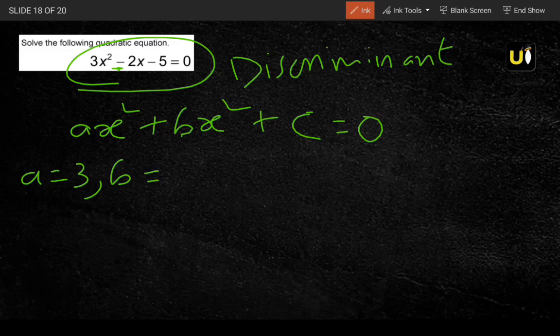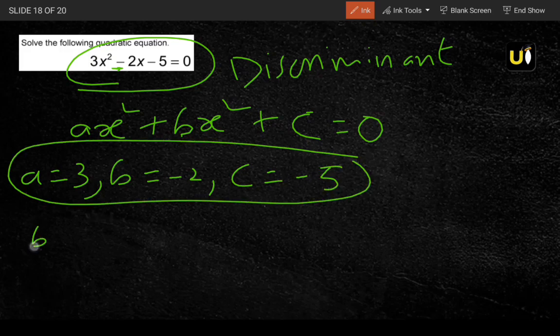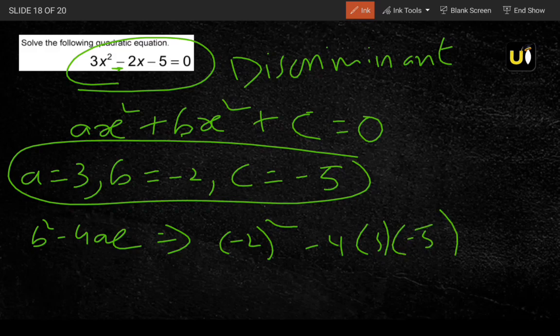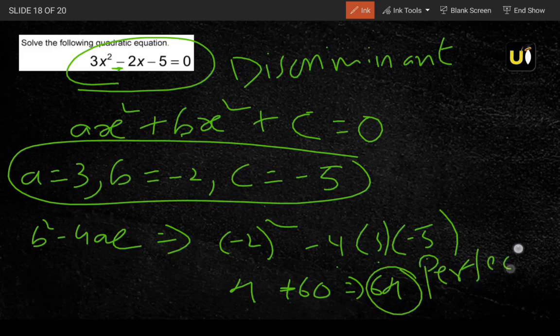Okay, so a is equal to 3, b is minus 2, and c is minus 5. Now the discriminant is b square minus 4ac. That is minus 2 whole square minus 4 into 3 into minus 5. That is 4 minus 4 into 3 is 12, 12 into 5 is 60, minus into minus is plus 60, that is 64. This is a perfect square, right?